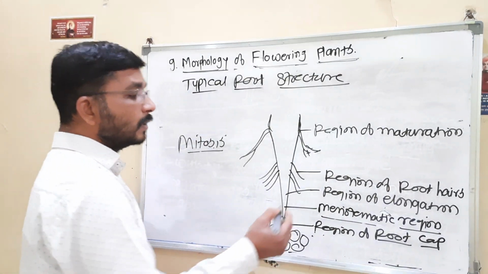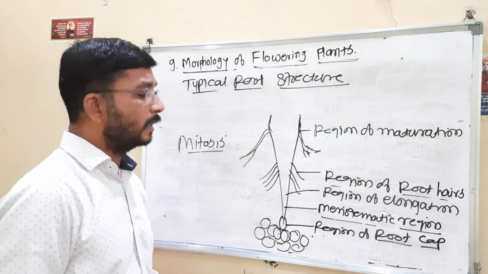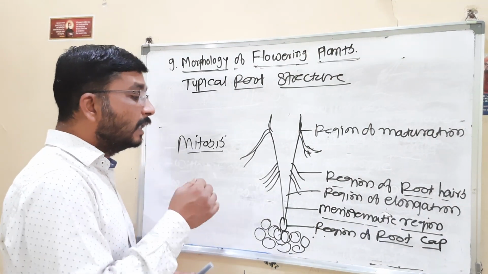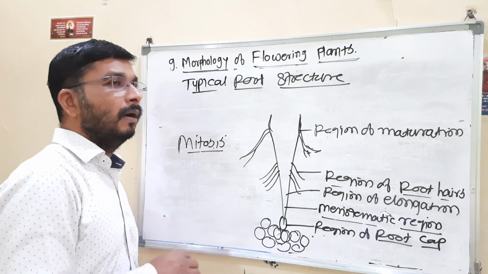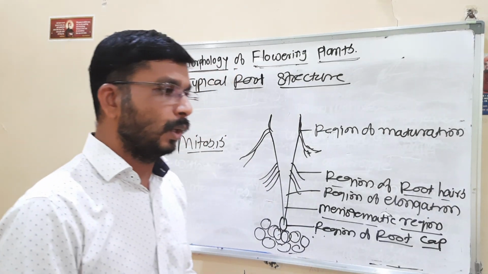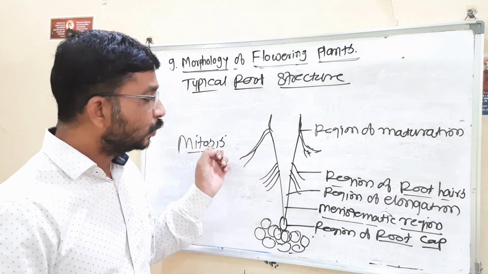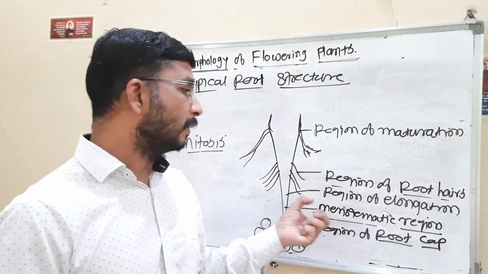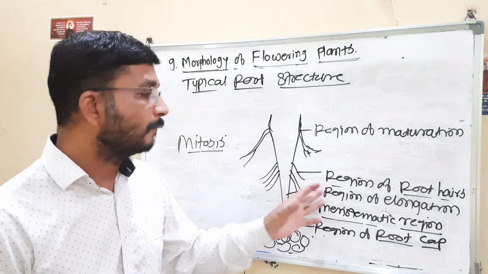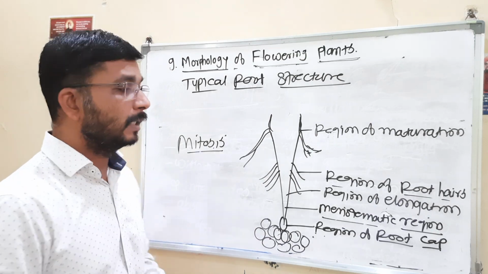Then the region of root hairs. What do they do? They provide the maximum area for the absorption of water and minerals.